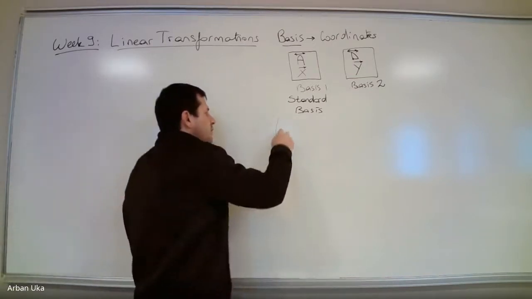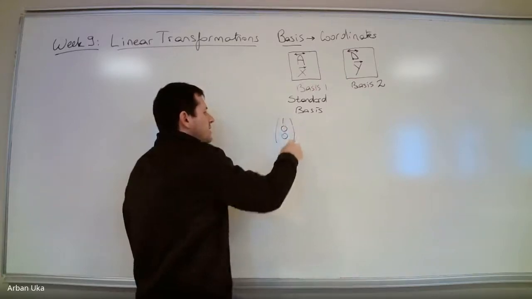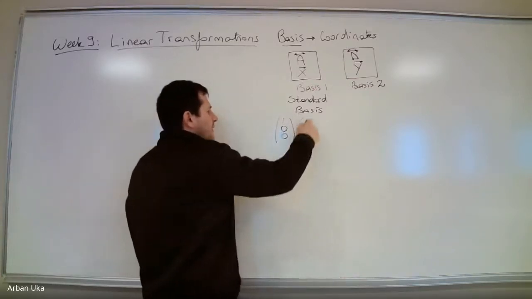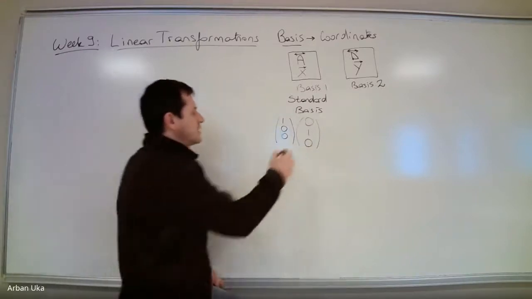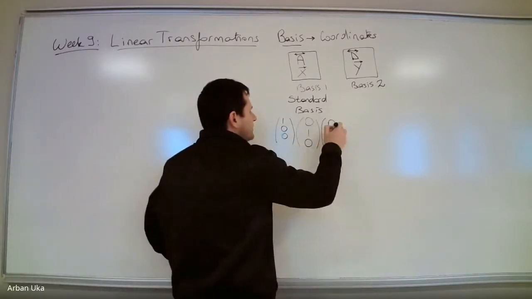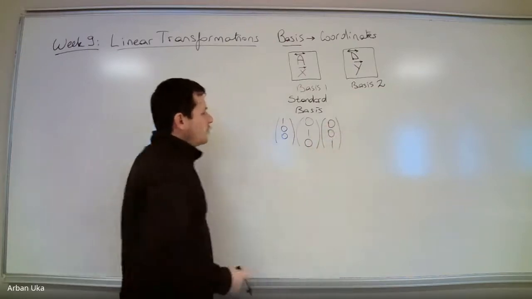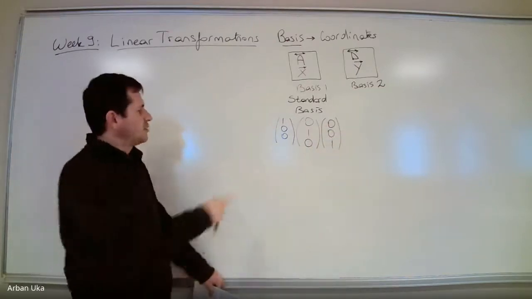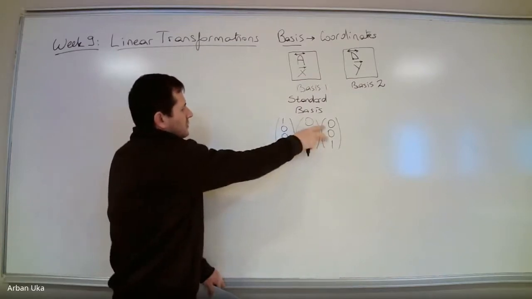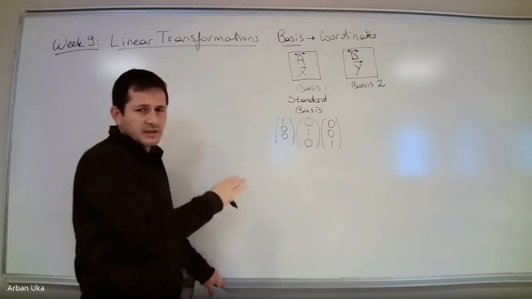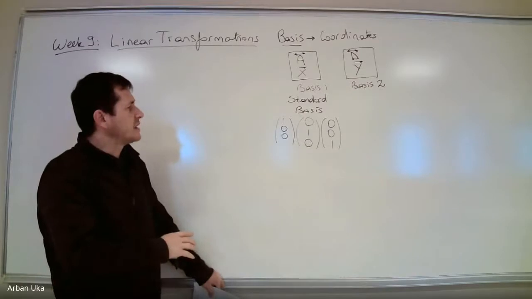Simply stated, the standard basis is the x-axis, y-axis, and z-axis. We could also have a four-dimensional space: 1 with 3 zeros, 0, 1, 2 zeros, and so on. Let's call this the XYZ standard basis.